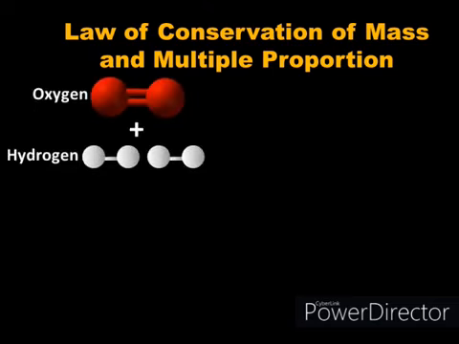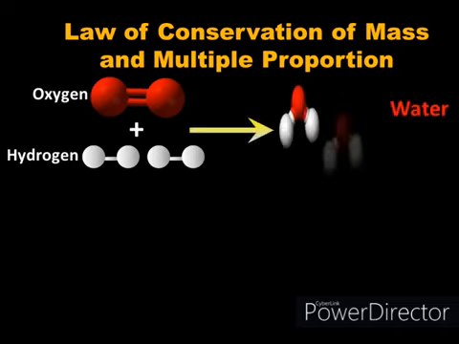Consider the example of the water molecule. The general formula for water is H2O. As you know, every element basically exists in the form of a molecule. So when one molecule of oxygen combines with two molecules of hydrogen, they form two molecules of water.